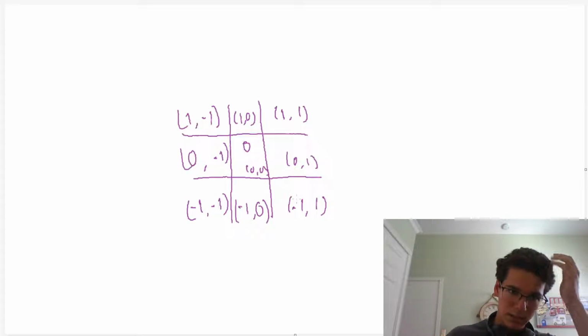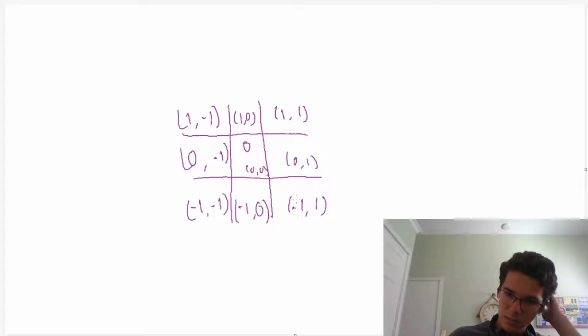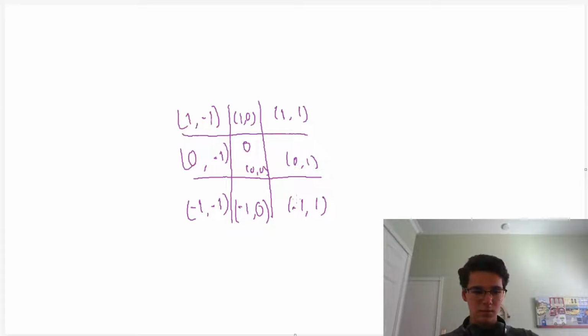So mathematically, what would be the best way to do this? So it's every combination of those. We could say it would be negative 1 through 1.